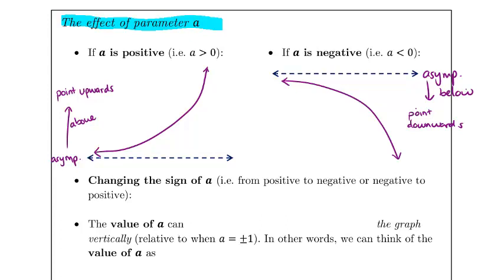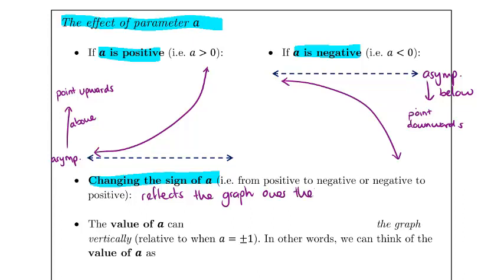Now, what did we see happened when we changed the sign of a? In other words, when we took it from positive to negative or negative to positive. Well, guys, we saw that simply changing the sign of a, so from 3 to -3, or from -1/3 to +1/3, reflects the graph over the asymptote.